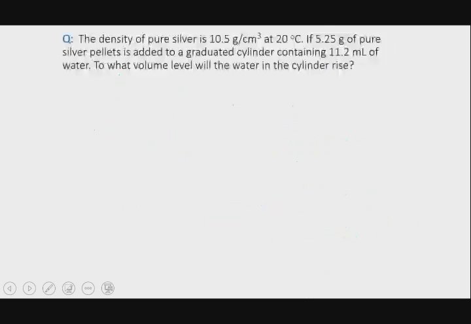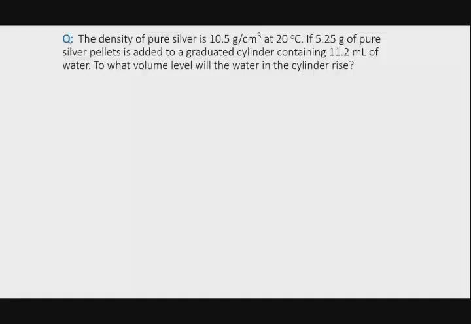The next problem is very similar to a problem that we did in a previous session. This is again using the whole idea of water displacement to figure out the volume of an irregularly shaped object.